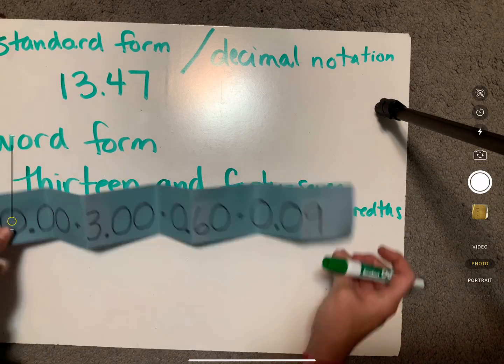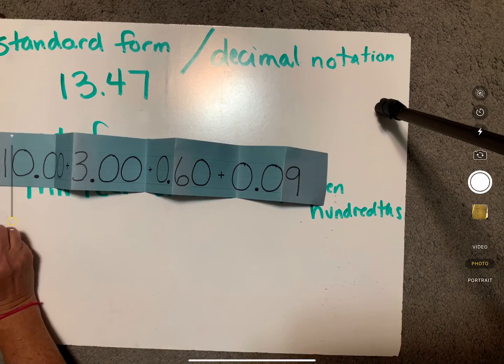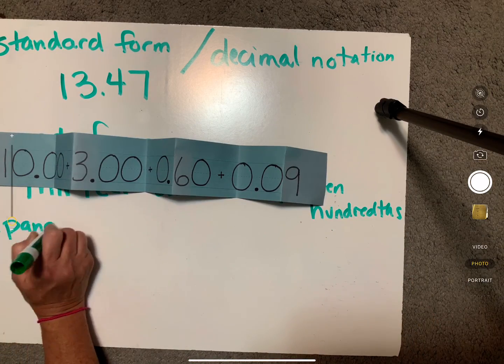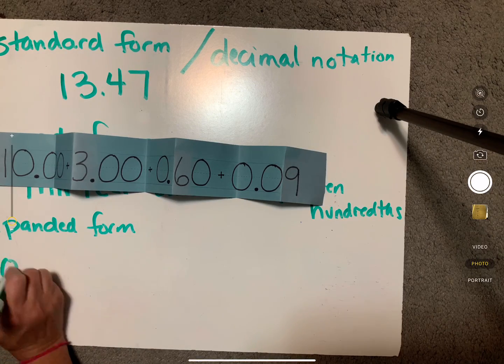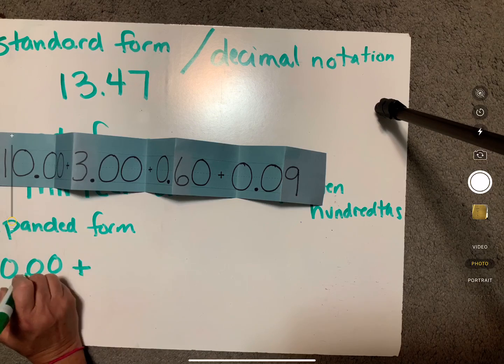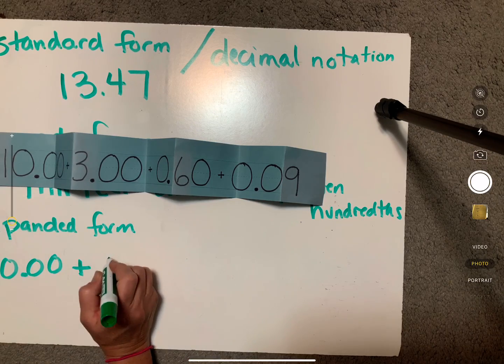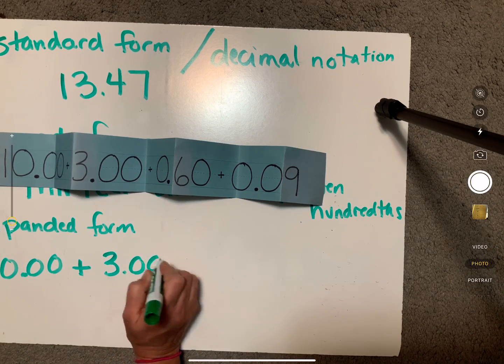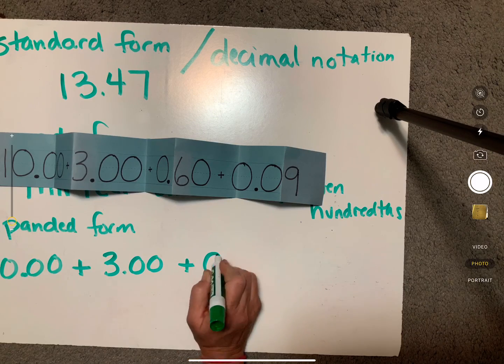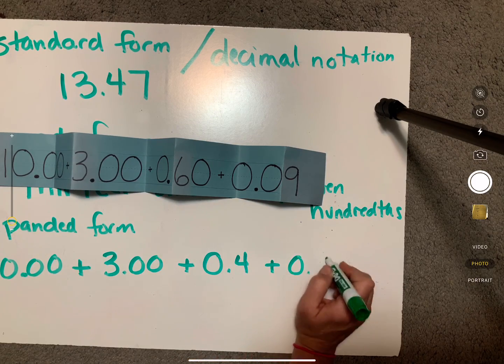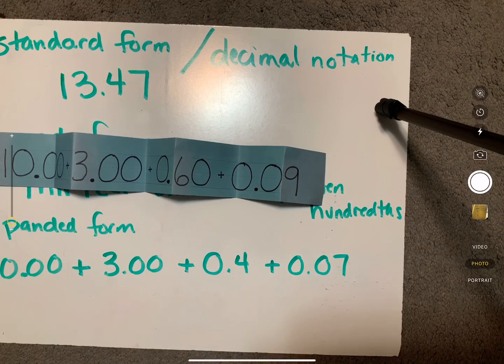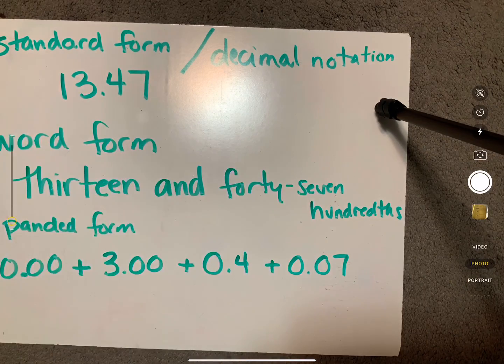So for my expanded form, I have 10 plus 3 plus 4 tenths plus 7 hundredths. So that's how you would write your expanded form.